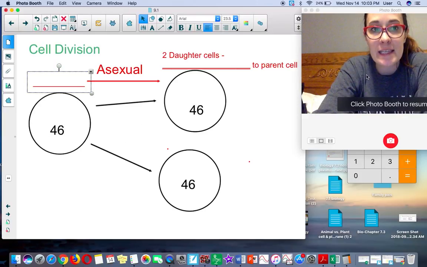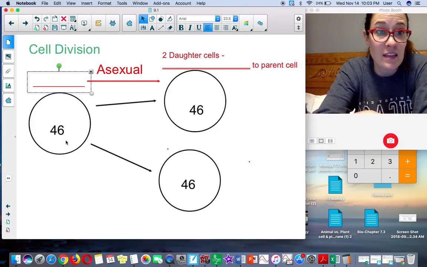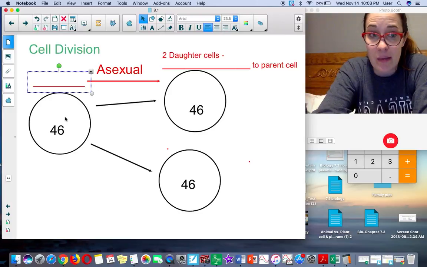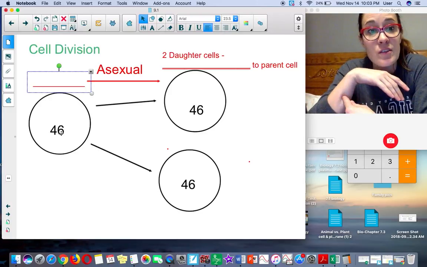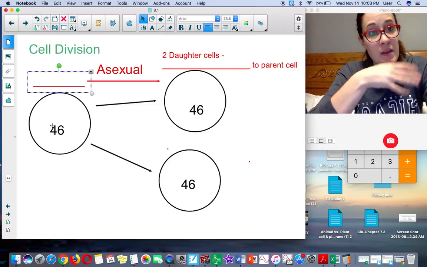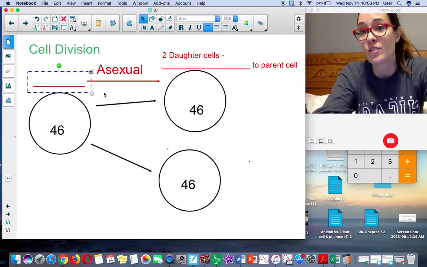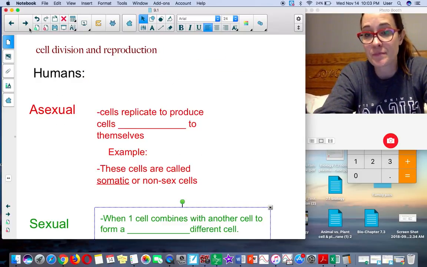The reason why you see 46 in here is because that represents the number of chromosomes in the human cells, for example. So my skin cells all have 46 chromosomes. 46 in the parent, 46 in the daughter cells that are genetically identical to the parent.